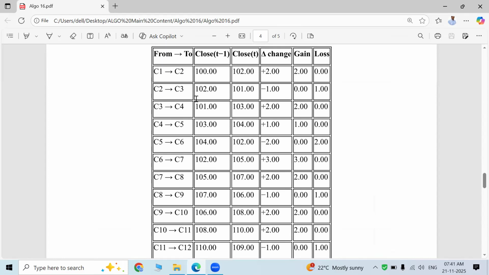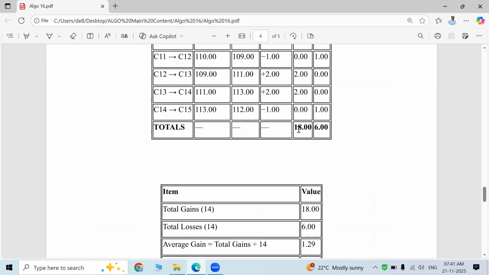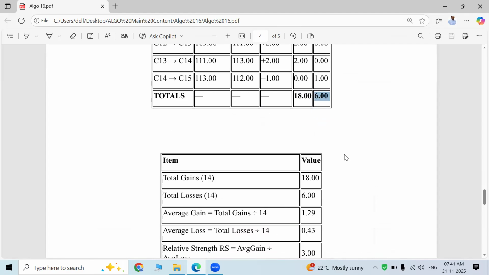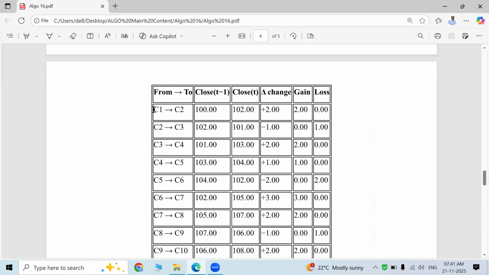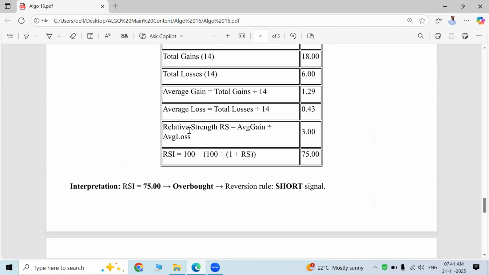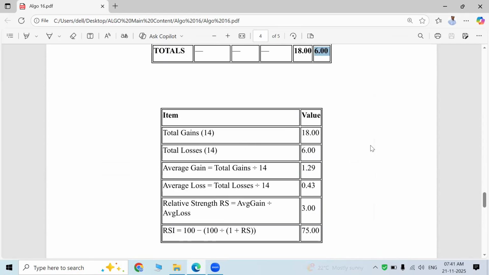So at the final, we are going to do it for 15 cycles, and at this final we get some gain value and we get some loss value. Okay, now the total gain in 14 cycles is 18 and the total loss in the 14 cycles is 6. Why 14 cycles? The 15 readings have been taken, but we take 1 minus 2, 2 minus 3. That's why only 14 cycles remain.